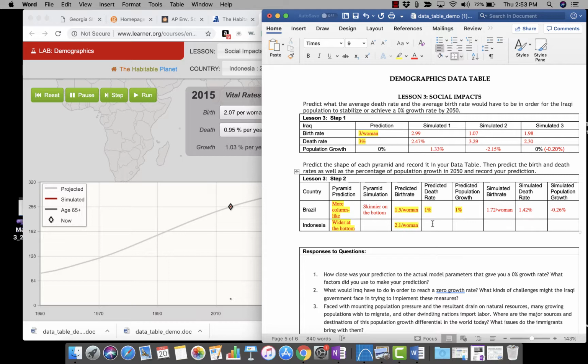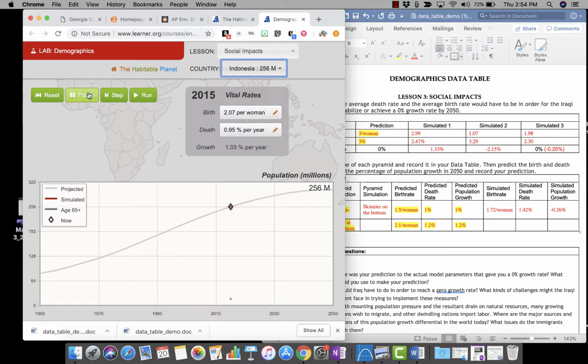The death rate is 0.95. Let's go to like 1.2. I'm just totally guessing here. You guys can put whatever you want. And my growth is 1.03. I'm going to do 1.2. Okay, so now let's run this.